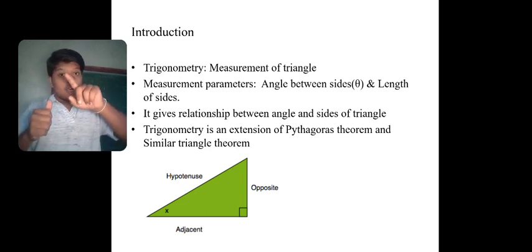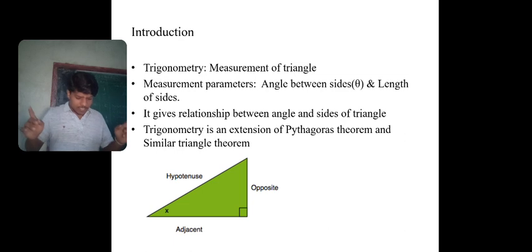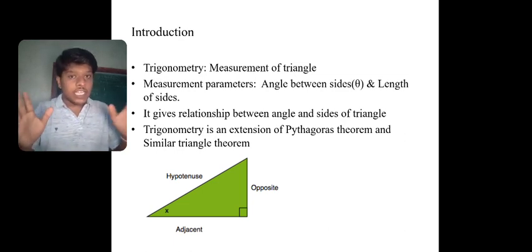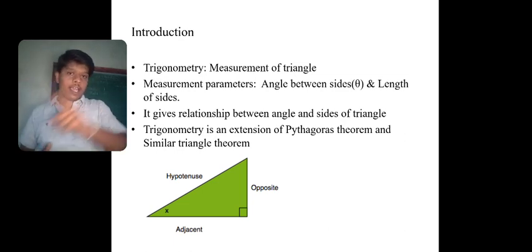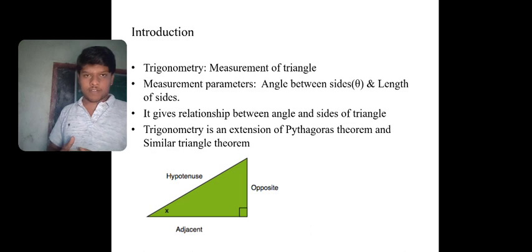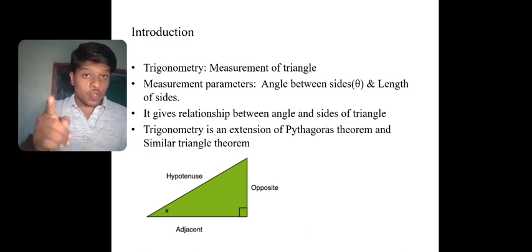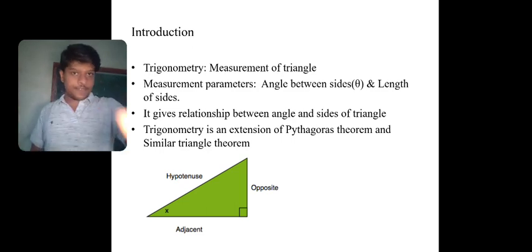Second one is the internal angles of the triangle. Of course, this trigonometry gives some relation between internal angles and sides of the triangle. I can say this trigonometry is just an extension of Pythagoras theorem and similar triangle theorem which you have learnt in your earlier classes.